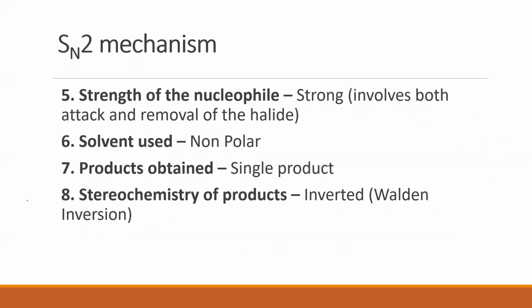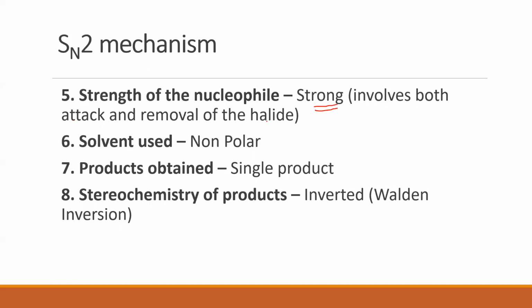Then let's look at the strength of the nucleophile. Now we already defined this, right? What should be the strength of the nucleophile? Should the nucleophile be strong or weak? Yes, the nucleophile should be strong. Why? Because it has to do two jobs. It has to attack the carbon. At the same time, it should remove the halogen.